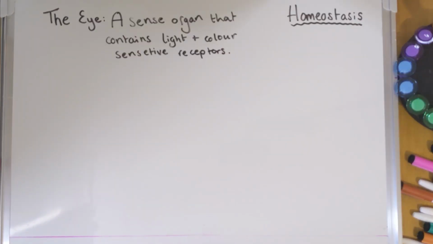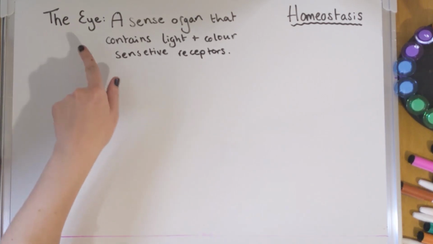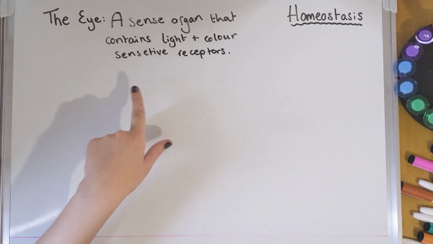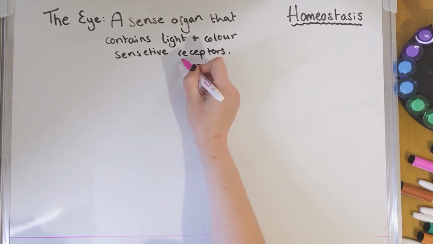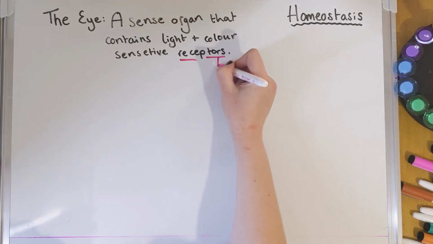Looking at this definition, we're going to have to delve a little bit deeper. So the eye is a sense organ that contains light and colour sensitive receptors. Now here's a term that we've come across before, receptors. We need to remember that receptors are any organ or part of your body that detects a stimulus, a change in the environment.